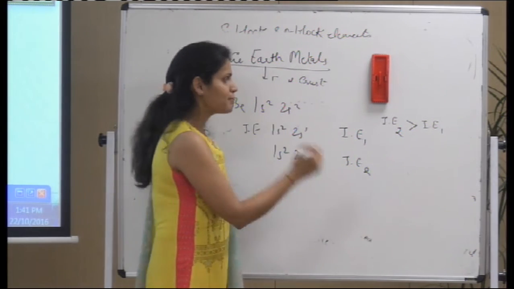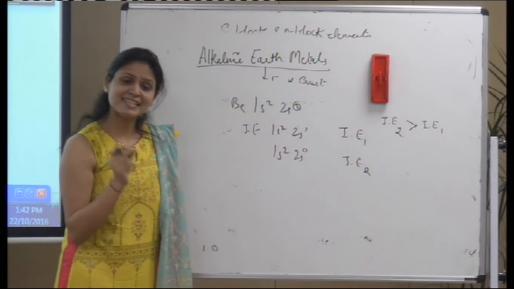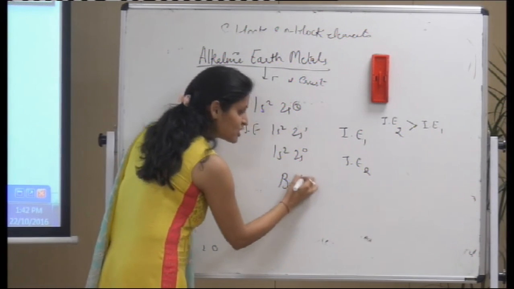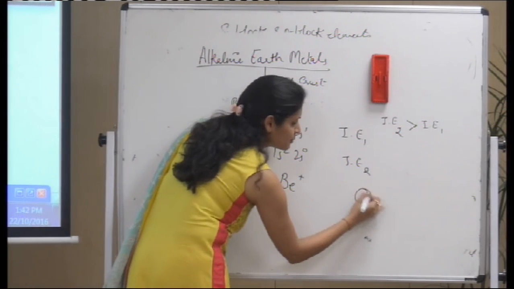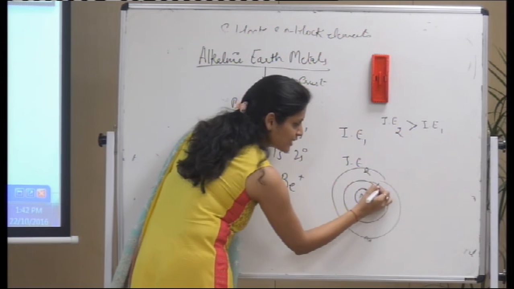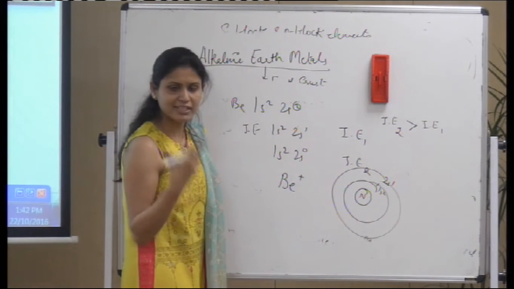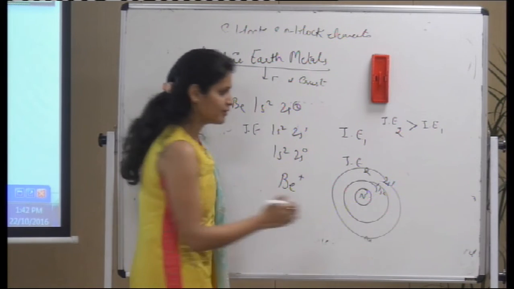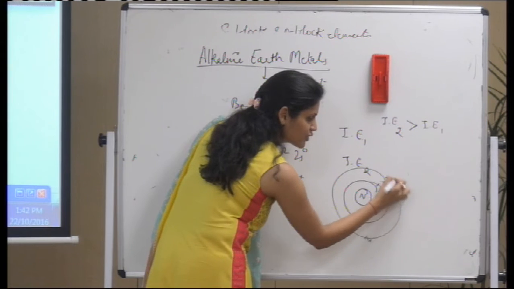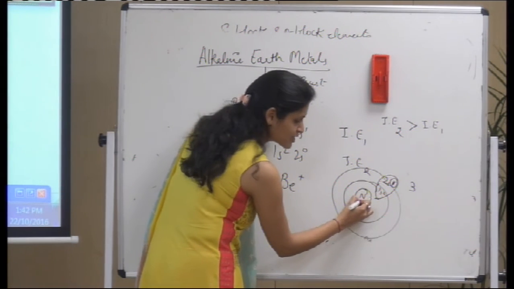Why so? Because it is easier to take out this one electron. But once it has lost one electron, it will become a charged species. This is the nucleus, this is the electron in 1s2 and this is the electron in 2s1. After taking out one electron, the number of electrons would be 3, and the number of protons is 4.